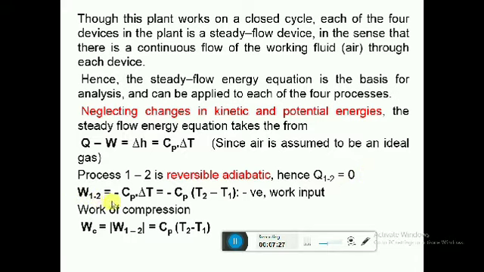Work done can be given as specific heat of gases into delta T, that is change in temperature. The gases enter at a particular temperature and leave at a particular temperature. So if it is work input, that is Cp into T2 minus T1. If it is work of compression, that is again specific heat into change in temperature.